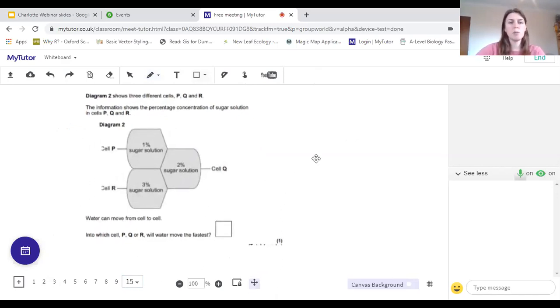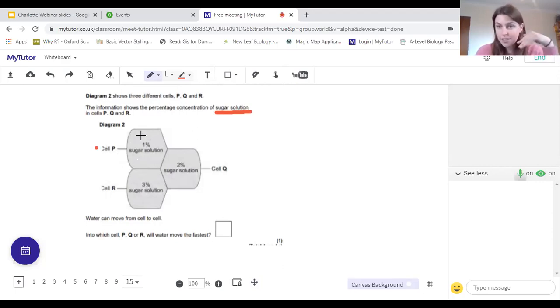Three different cells, P, Q, and R this time, rather than A, B, and C. Percentage concentration of sugar solution in each cell. So cell P has 1% sugar solution. That means that it's very dilute. 1% sugar solution, there's only 1 molecule of sugar in there for every 100 molecules.